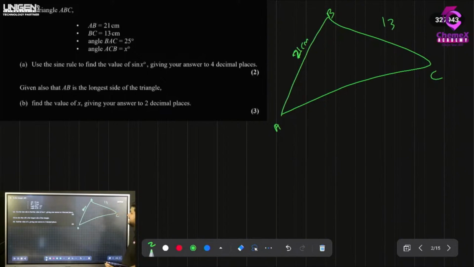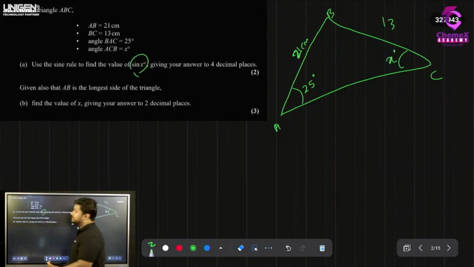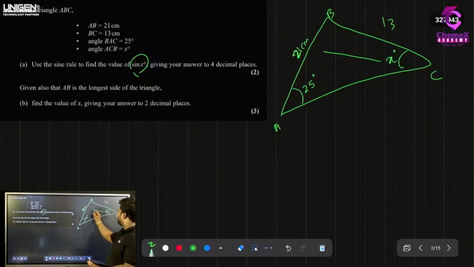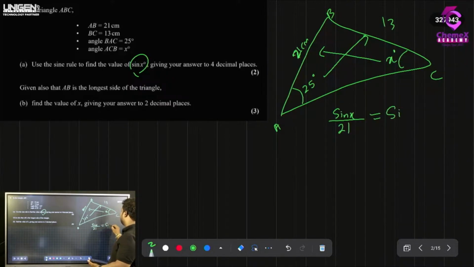Angle BAC is 25. ACB is x. Use the sine rule to find the sine x value. How do you do it? So you know, sine x over 21 equals sine 25 over 13.